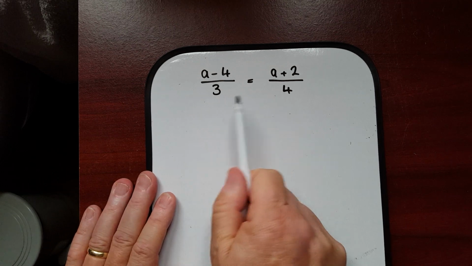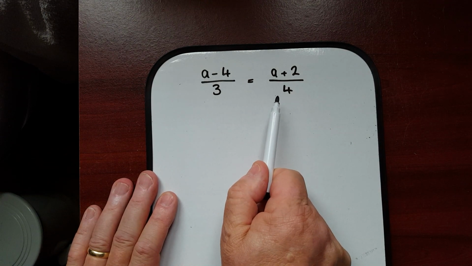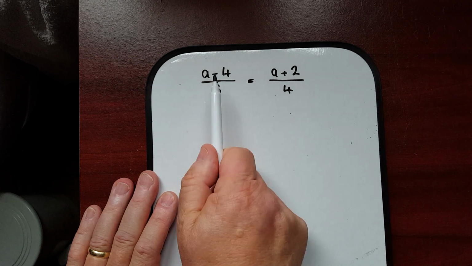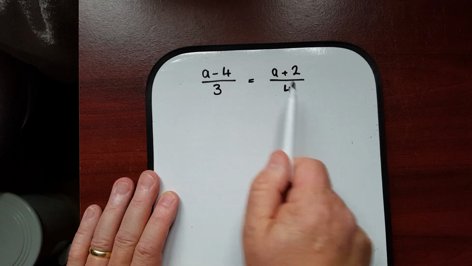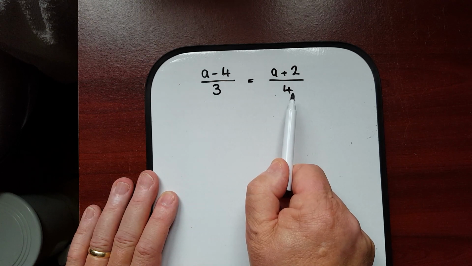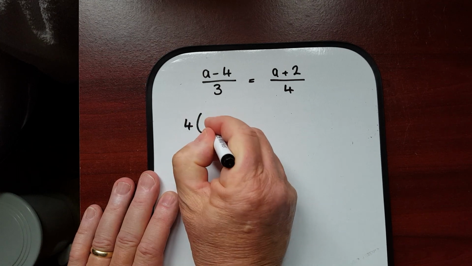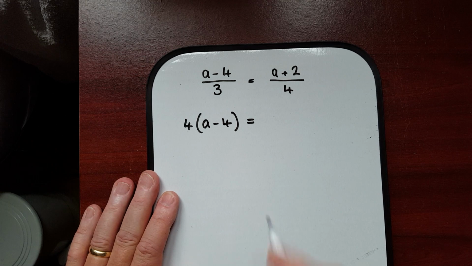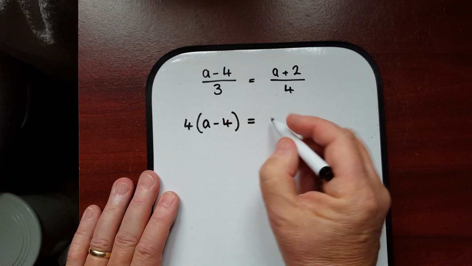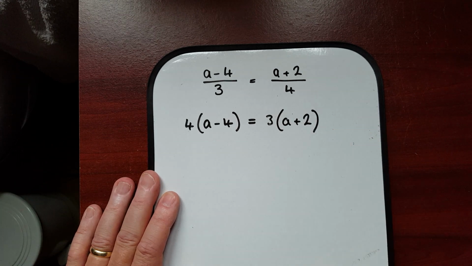So you've got 2 different denominators, and what we're going to do is multiply the numerator on this fraction by the denominator on this fraction. So that's going to become 4 lots of (a minus 4). And you've guessed it, we're going to now multiply across this way and make this 3 lots of (a plus 2).